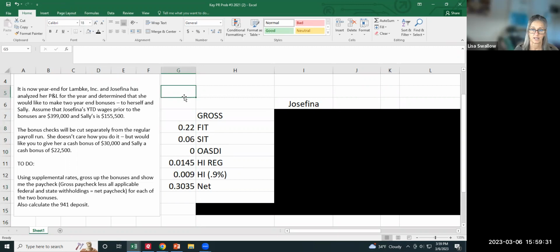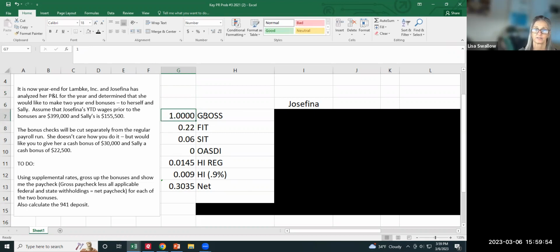So in this case, she's capped for OASDI and she's well over the 200,000. So she does have the 0.9. So her total tax burden is going to be 100%. So the gross check is 100% of itself, obviously.